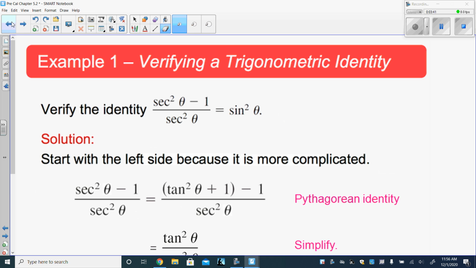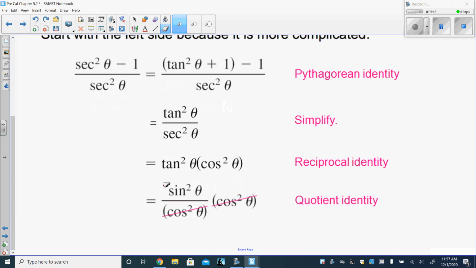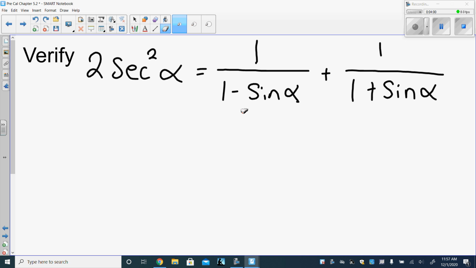We wanted to show that the right side is the same as the left. And that's it. All of this is manipulating these formulas and properties of sine, cosine, tangent, secant, cosecant, and cotangent so that we get one side to be the same as the other.